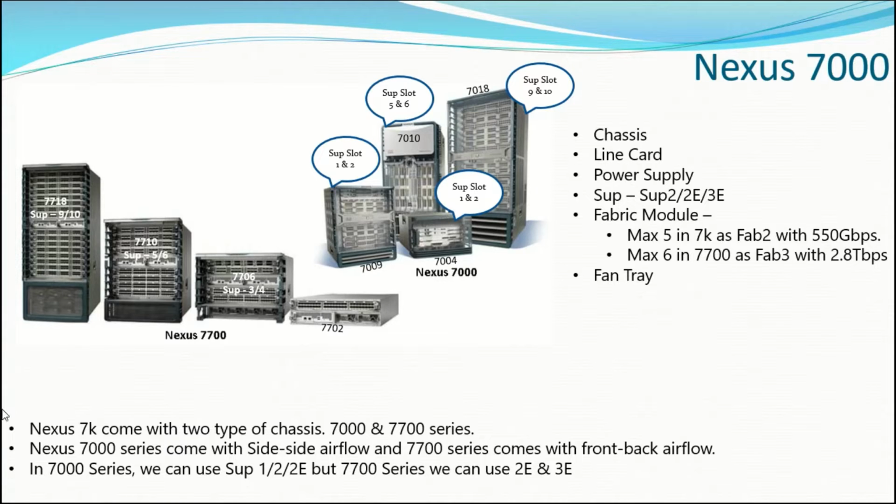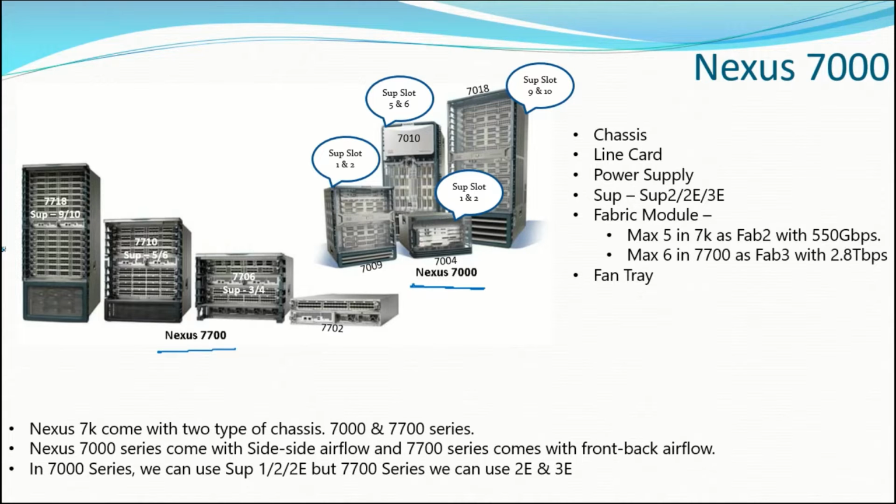As I said, in the Nexus 7000 series switches, we have two variants. One is the Nexus 7000 series, which is this one, and one is the Nexus 7700 series of switches, which is more powerful compared to the Nexus 7000 series.